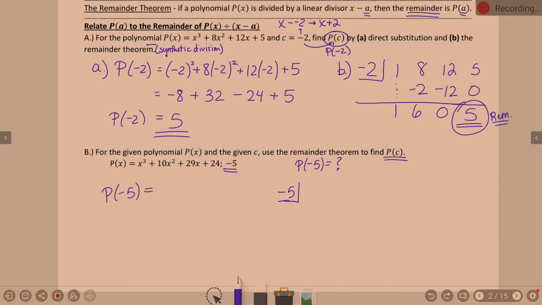The math was easier there, wasn't it? I didn't have to pick up my calculator to do synthetic division. I might have to pick up my calculator over here. Now, if you prefer that one, though, you can use that one. Okay, you can do negative 5 to the third plus 10 times negative 5 squared plus 29 times negative 5 plus 24. Or you can just do synthetic division. What are my numbers?